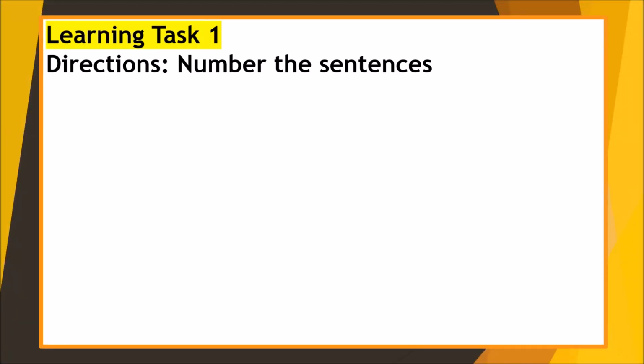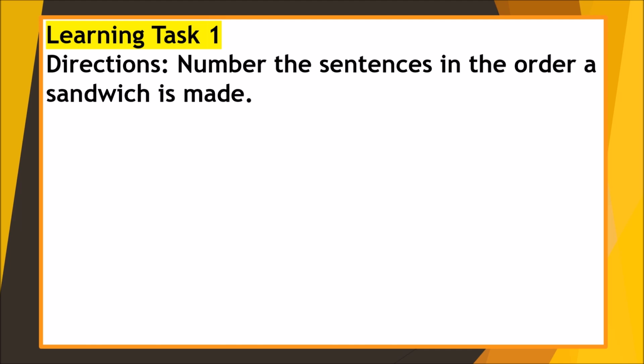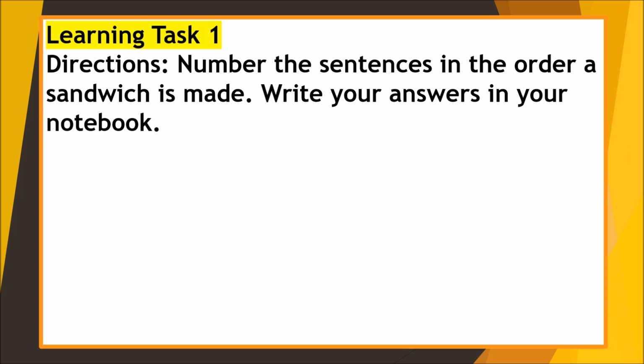For learning task 1, number the sentences in the order a sandwich is made. Write your answers in your notebook. Again, you have to number the sentences in the order a sandwich is made.